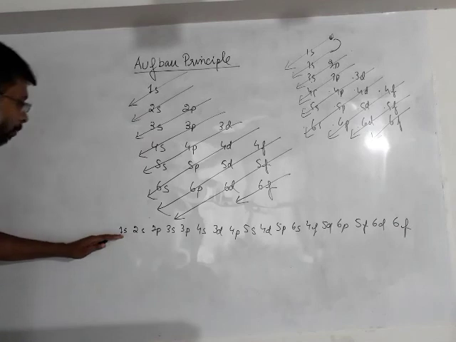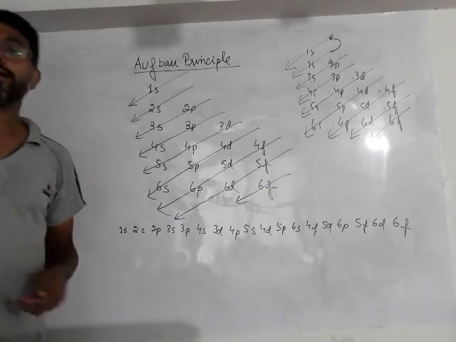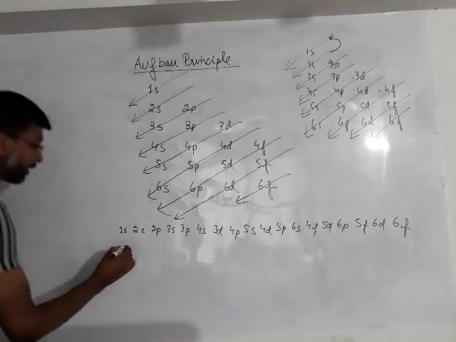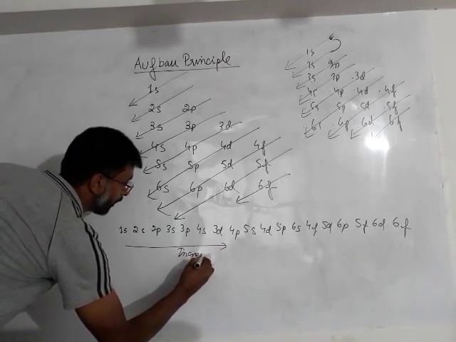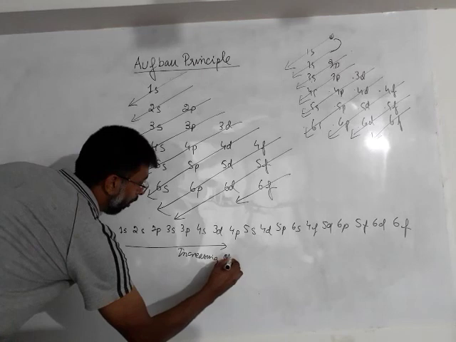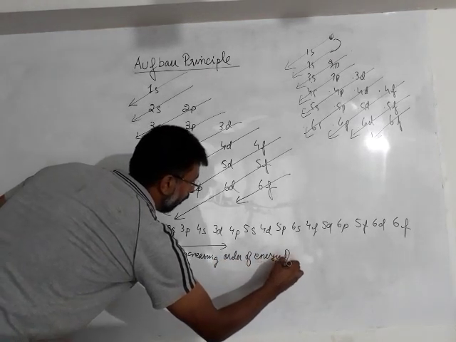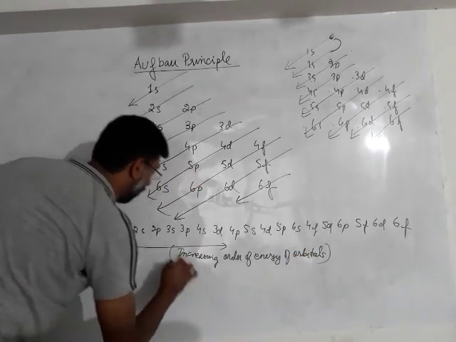So when you move from 1s towards higher orbitals, the energy of the orbital is increasing. That means from 1s towards 6f, the energy of the orbitals increases slowly. This is called the increasing order of energy of orbitals.